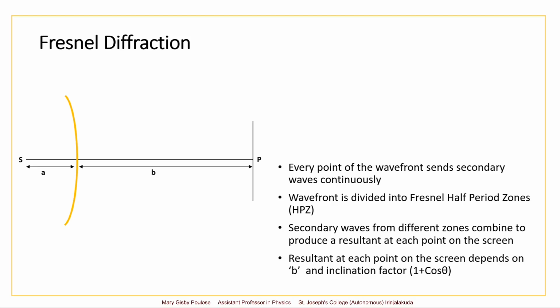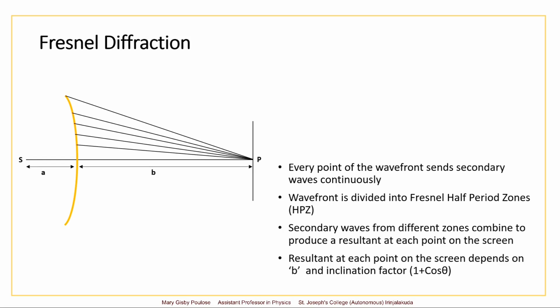Now we draw lines towards the spherical surface at particular distances, and with these lines we draw circles on the wavefront. These lines have particular distances. The first line is at a distance of b plus half wavelength, so an additional path of half wavelength is taken, and at that distance we draw a circle.